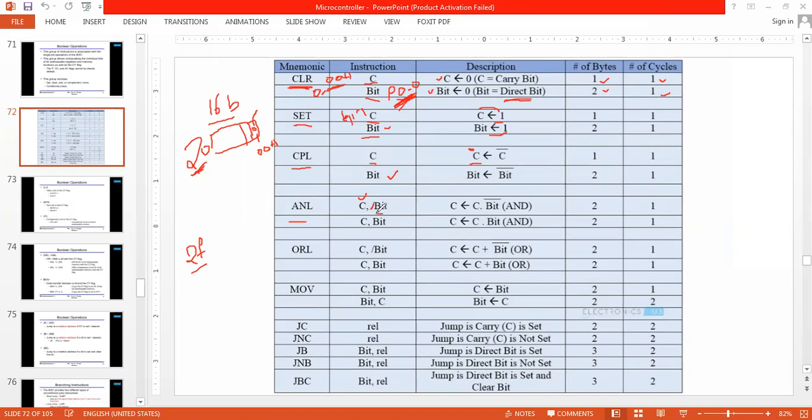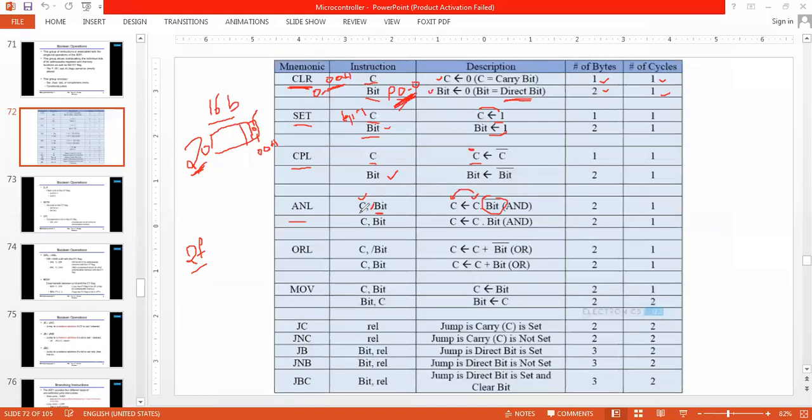That particular bit is going to be complemented first and then ANDed with C, and then the result is stored into C only. C is going to be updated.